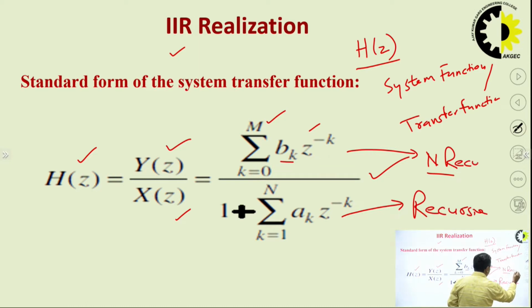Recursive means present value of input, past value of input and past value of output. You have to concentrate on the past value of output.